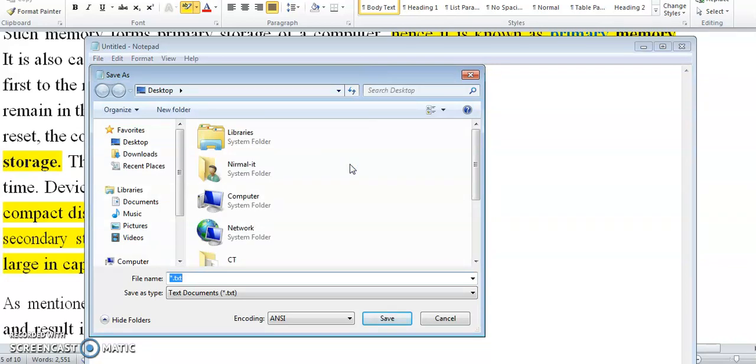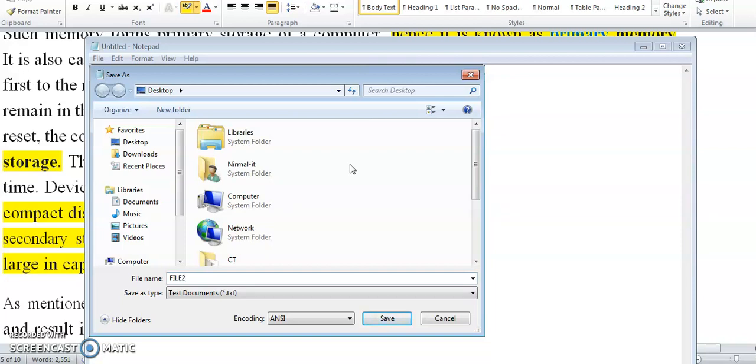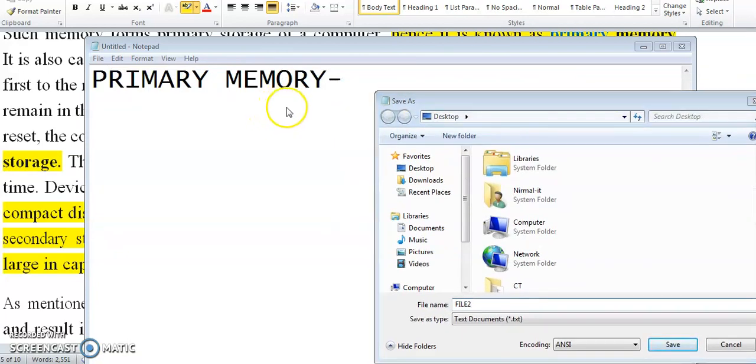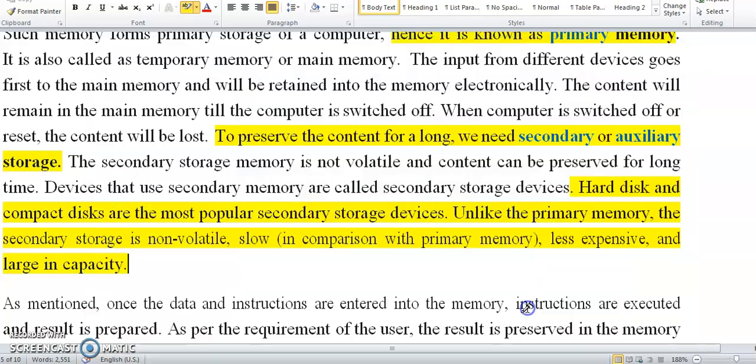now after saving this file, suppose I write the name file 2. After giving this name, data will go to secondary memory. Right now my data is in primary memory. This is untitled, that means I have not saved it. And if I give any name to this file and save it for future purpose, after saving that file, the data is stored in secondary memory.